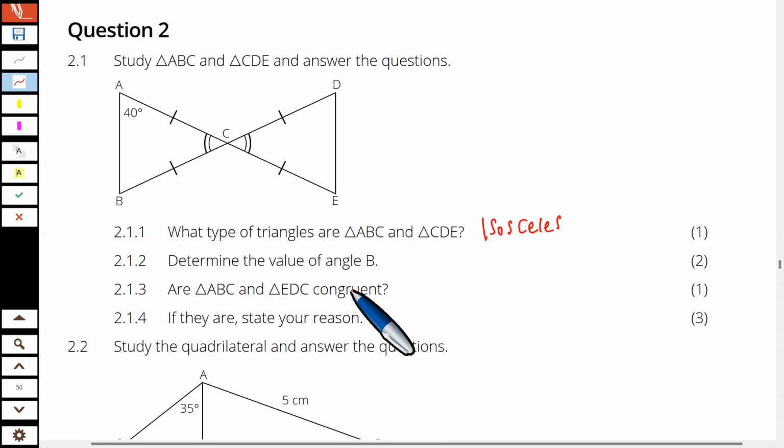3 marks, 2 minutes. Value. What do you think?